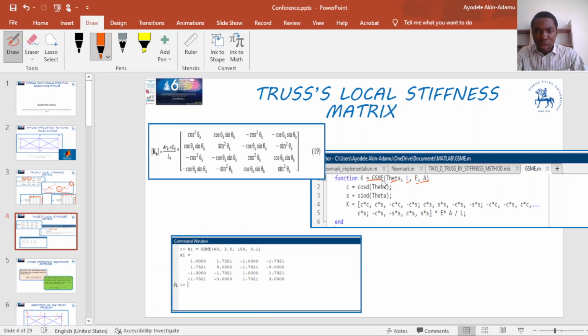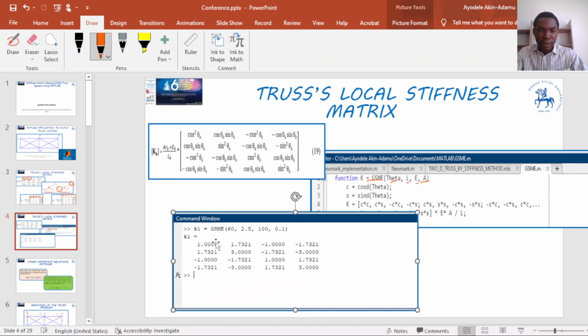On Matlab, in the command window, I can say K1, my local stiffness matrix, use this function GSME, and enter the 4 parameters, and my local stiffness matrix is automatically calculated by the Matlab software using the function which I defined in my Matlab program.